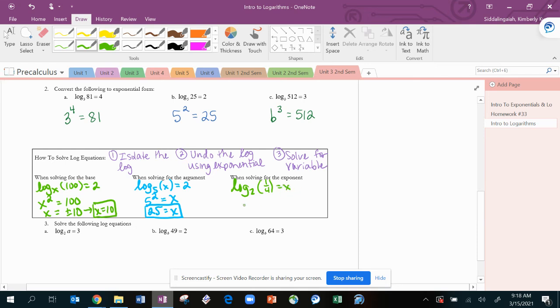So if I rewrite this as an exponential, which is kind of the step 2 over here, undo the log, it would be base of 2 raised to the exponent of x equals 1/4. And now this feels like something we did on Friday, right? 1/4 I can rewrite as 2 to the negative second. So this is really x equals -2.